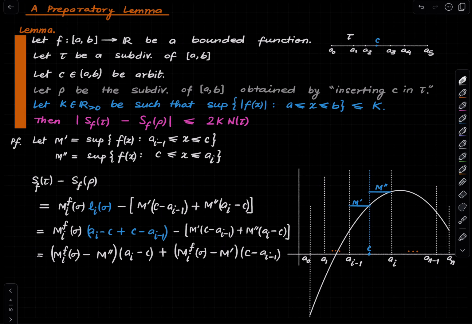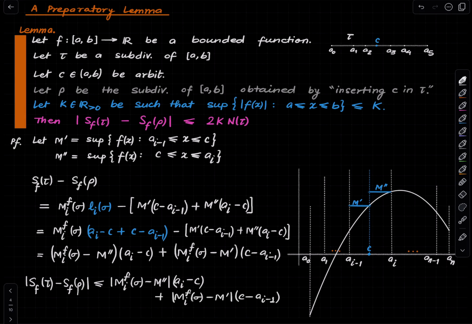And now we just use the triangle inequality. We are interested in this difference. I mean, we didn't really need to take absolute values because since rho is a finer subdivision of the interval, this is necessarily non-negative, right? So we didn't need to put an absolute value, but I will put it. And this is less than or equal to. Right?